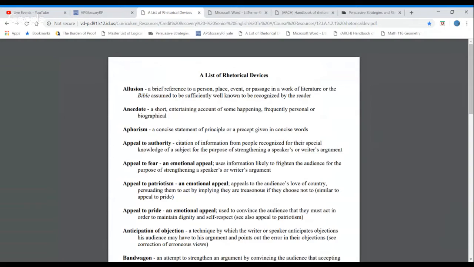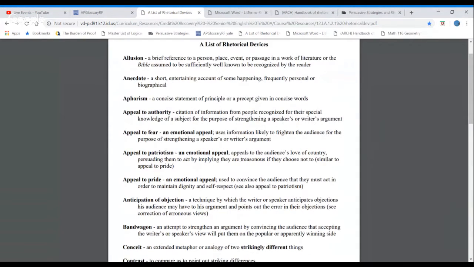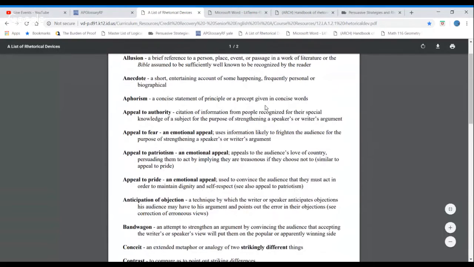That's an allusion. Like I said, it's a brief reference to an individual, a place, event, or passage in a work of literature, or in the work of the globe earth. Like the place where Eratosthenes was, the event, what happened and everything else. They assume it's sufficiently well known to be recognized by people that are listening, so it persuades them. Next, anecdote: a short, entertaining account of some happening, frequently personal or biographical.